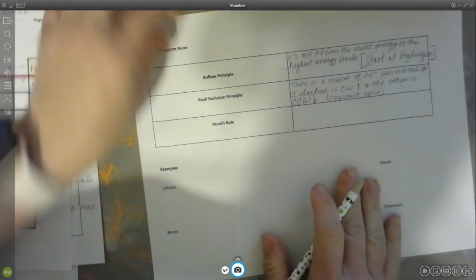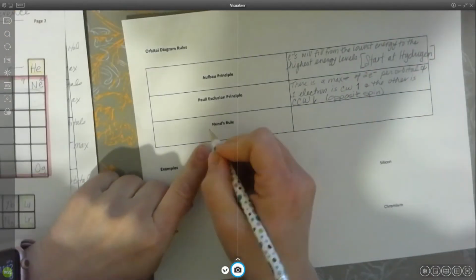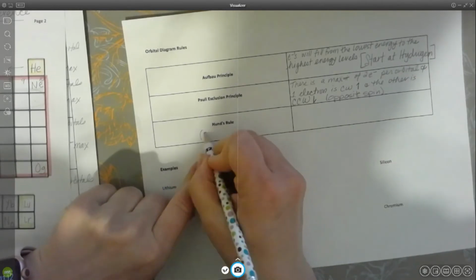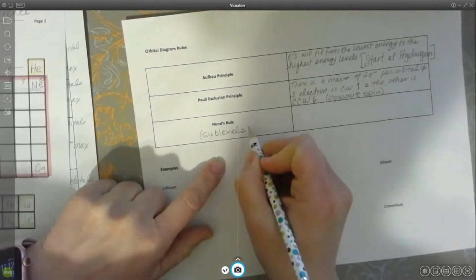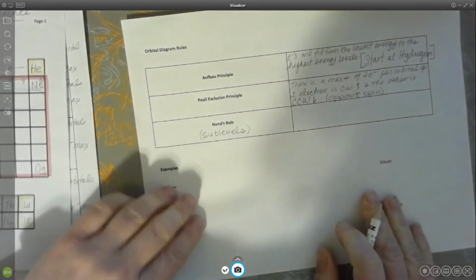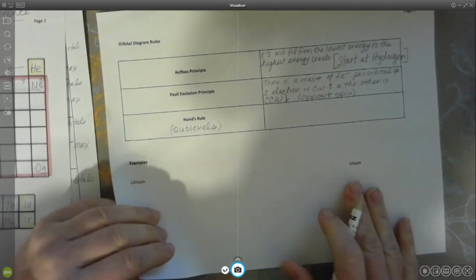All right, the last rule is Hund's rule. Hund's rule applies only to sublevels, and really it only applies to the P, D, and F sublevels.